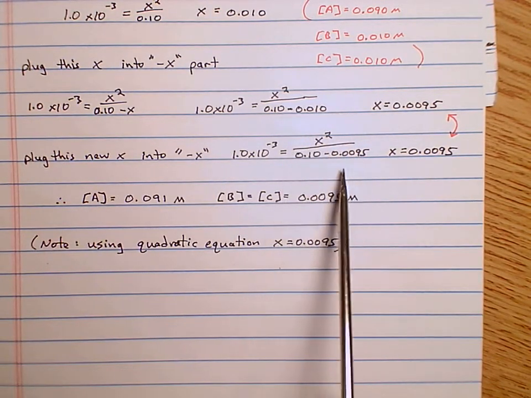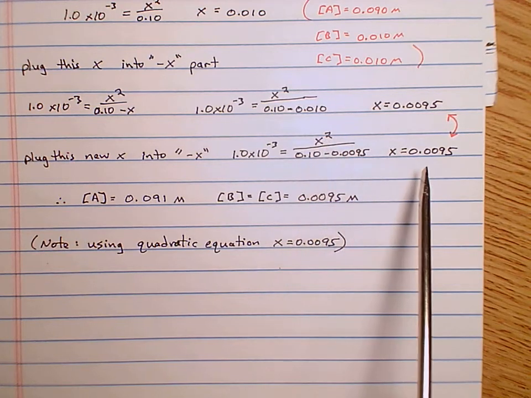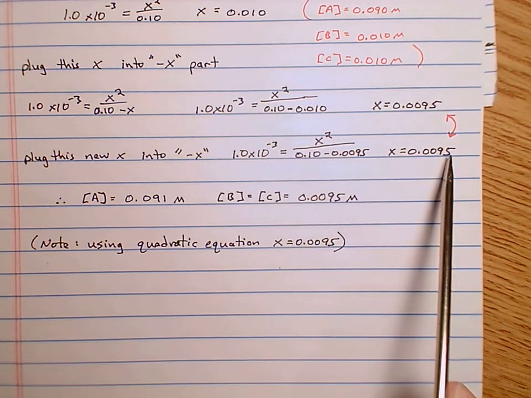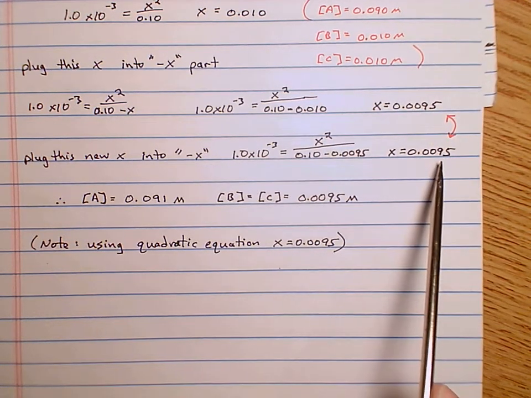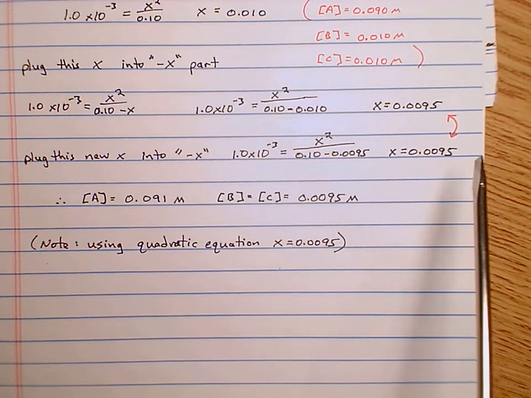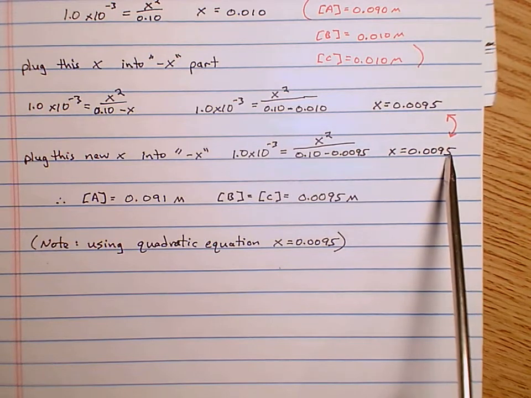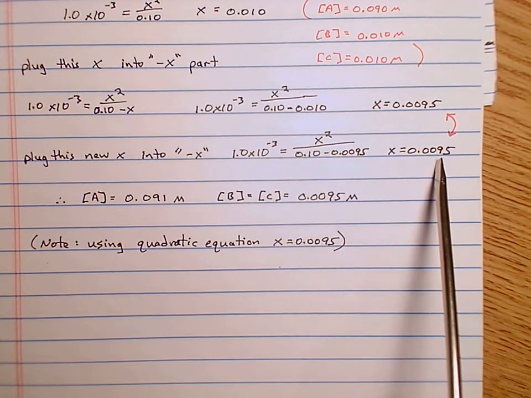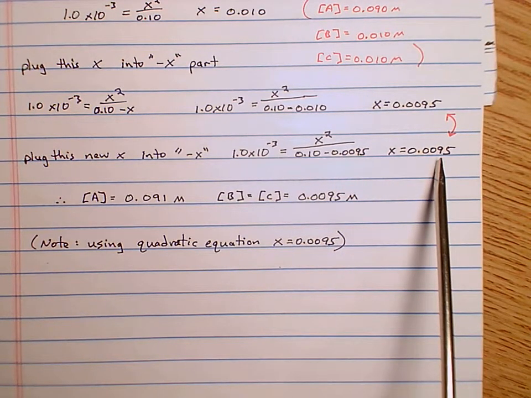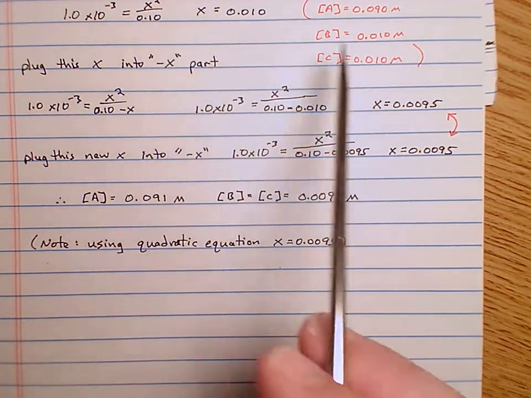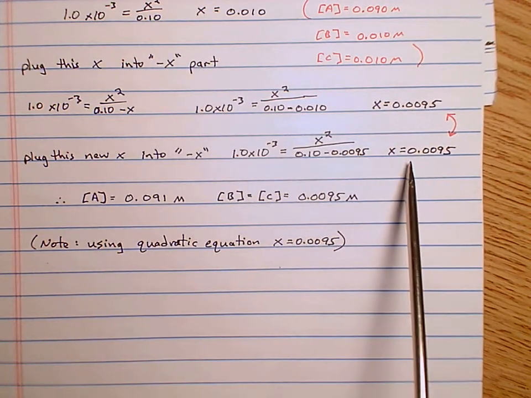And when I work this out and calculate x, I get 0.0095 to 2 sig figs again. Now I can stop, since I got the same answer as before. If I put 0.0095 back in here, I'm going to get 0.0095. With these successive approximations, each answer I get is closer and closer to the right answer.